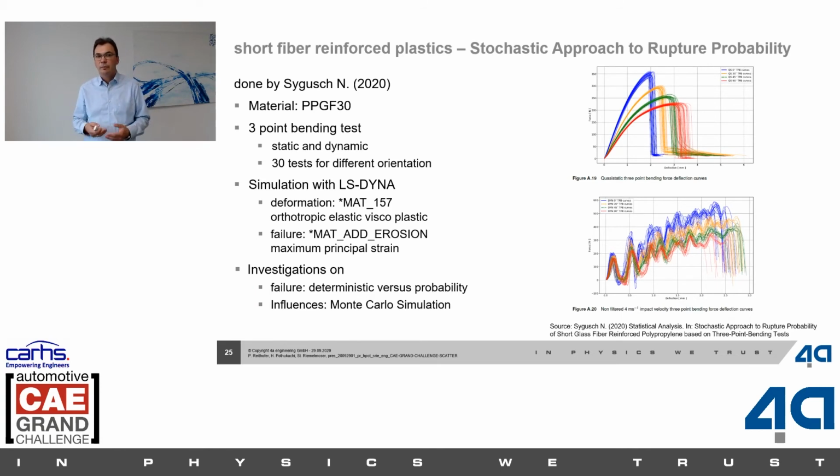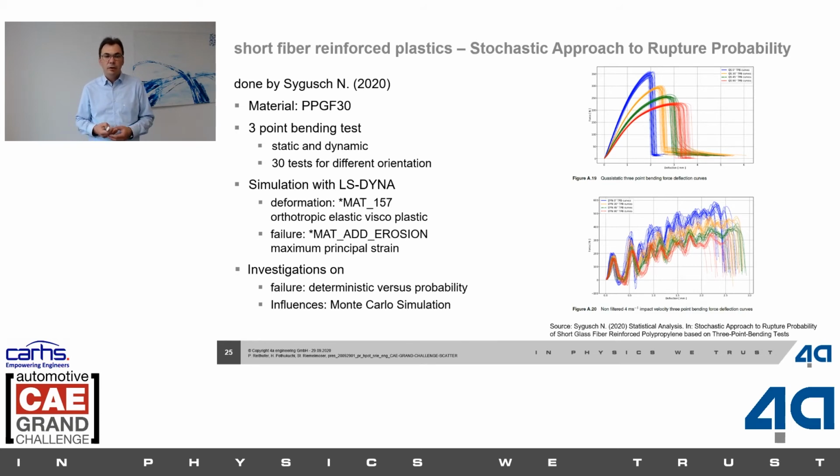He did lots of 3-point bending tests for different orientations, at least 30 tests for each orientation and speed. And he could use these tests to do research on a stochastic rupture probability. He compared this deterministic to probability approach, and he did some research on the influence of the Monte Carlo simulation.